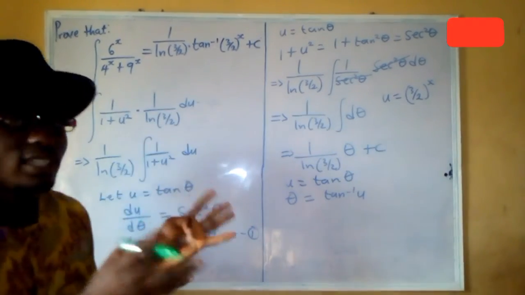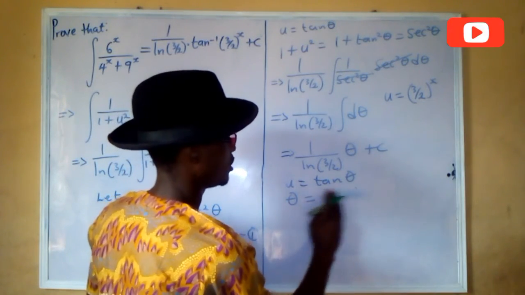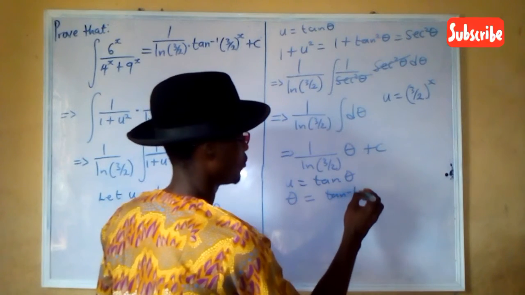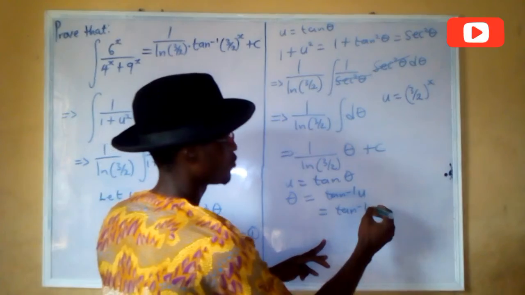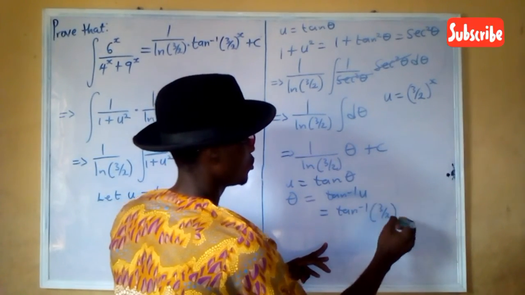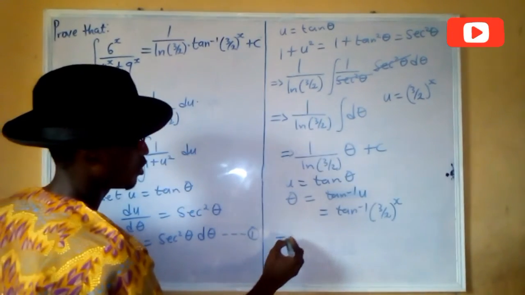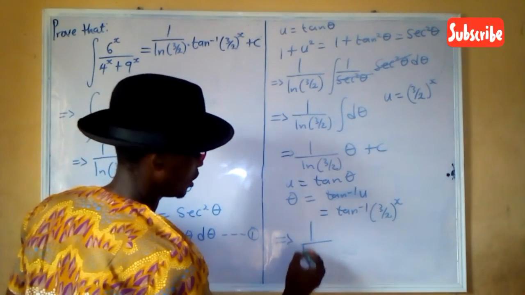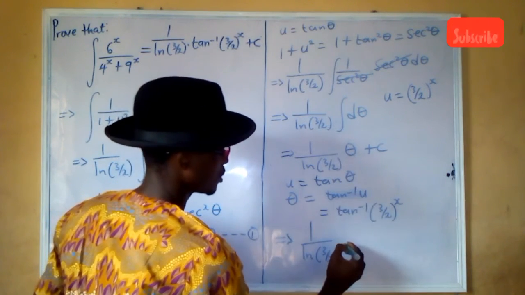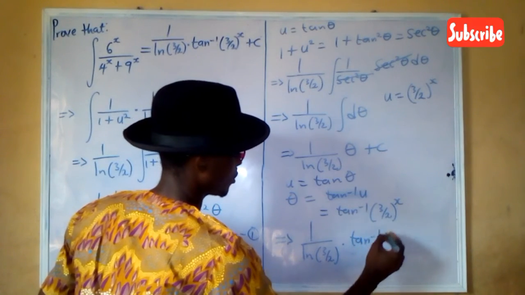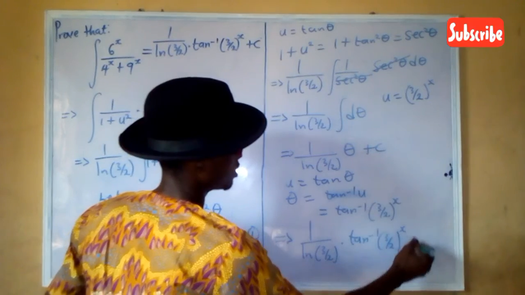Making use of that to prove this, we have tan inverse of u, which is the same thing as tan inverse of (3/2) raised to the power x. So then our answer here becomes 1 over ln(3/2) times tan inverse of (3/2) raised to the power x, plus c.